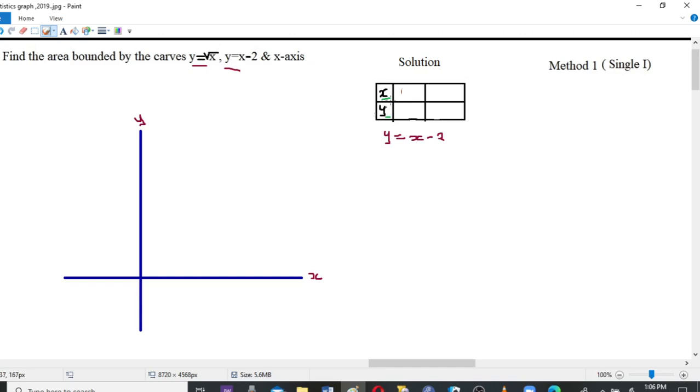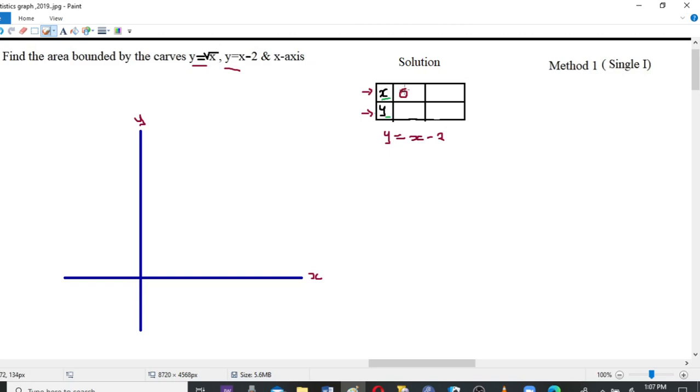Now in this box that I've drawn, the upper row has the x values that I'm going to assume, and the lower row has the y values. For each y value I assume, I can find the x, and for each x I assume, I can find the y. So let me assume x to be 0.